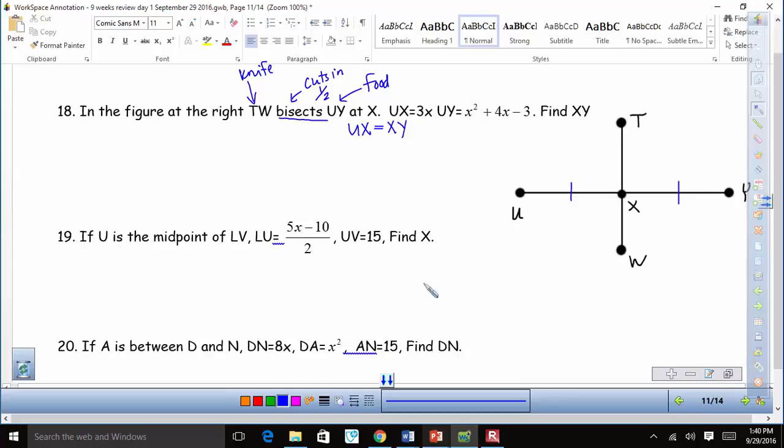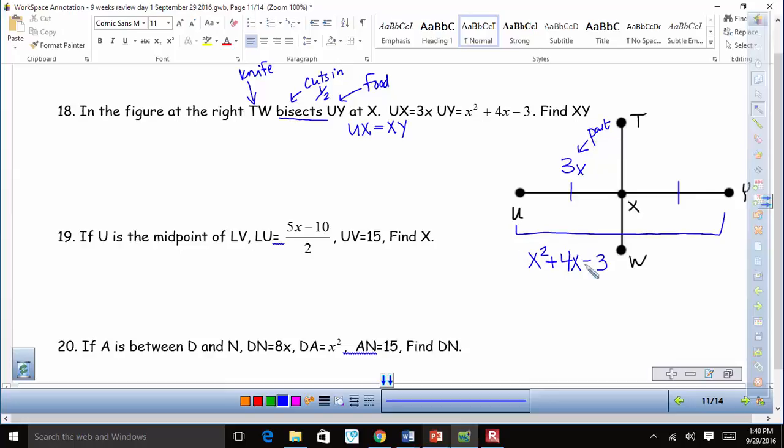Now I'm going to label. It tells me that UX, this part right here, is 3x, and then it tells me UY, this entire length right here, is x squared plus 4x minus 3. Is 3x a part or a whole? A part.